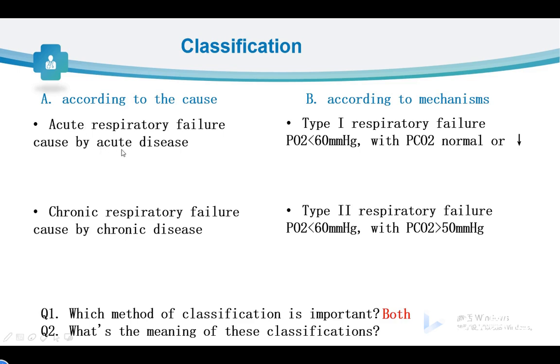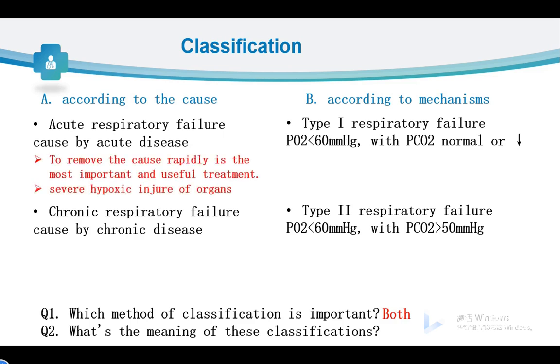About the acute disease, which can result in acute respiratory failure, the typical disease is choking by a foreign body, right? So, for a patient with acute disease, we need to remove the cause rapidly, and that is the most important and useful treatment for this patient.